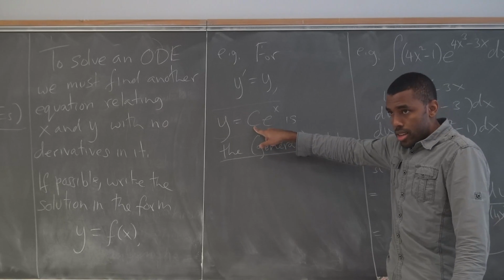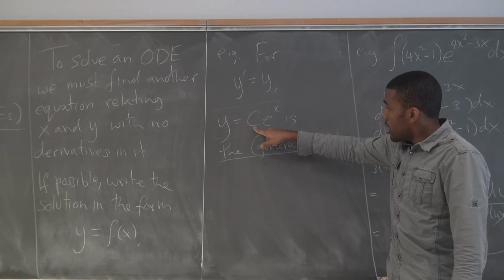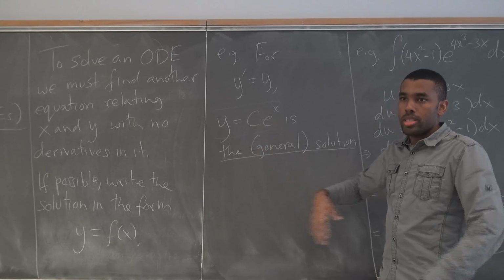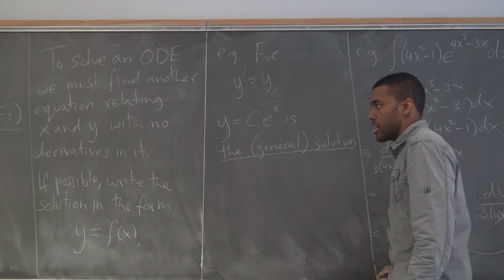Notice that this c could be anything, right? Any real number can work here. And so that's why this is called a general solution, because it gives us a whole bunch of possible things that can work.